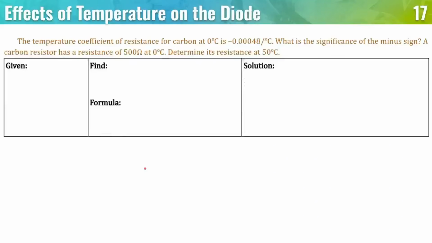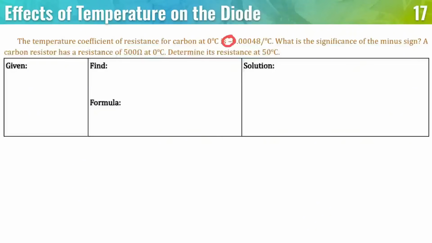So next, we have the temperature coefficient of resistance for carbon at 0 degrees Celsius, which is negative 0.0048 per degree Celsius. What is the significance of the minus sign? A carbon resistor has a resistance of 500 ohms at 0 degrees Celsius.